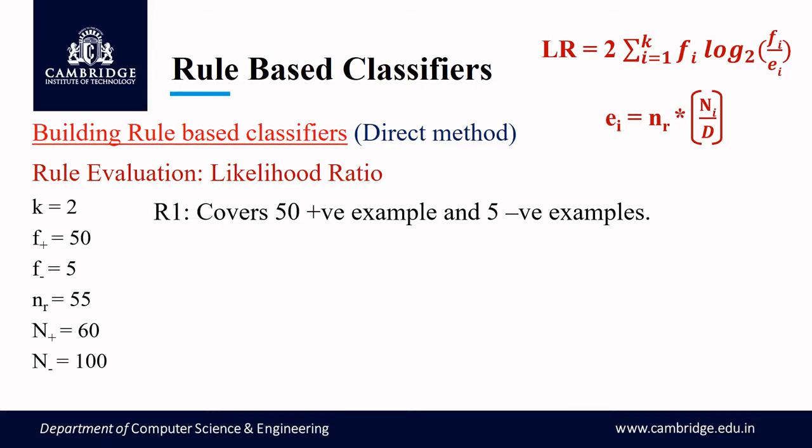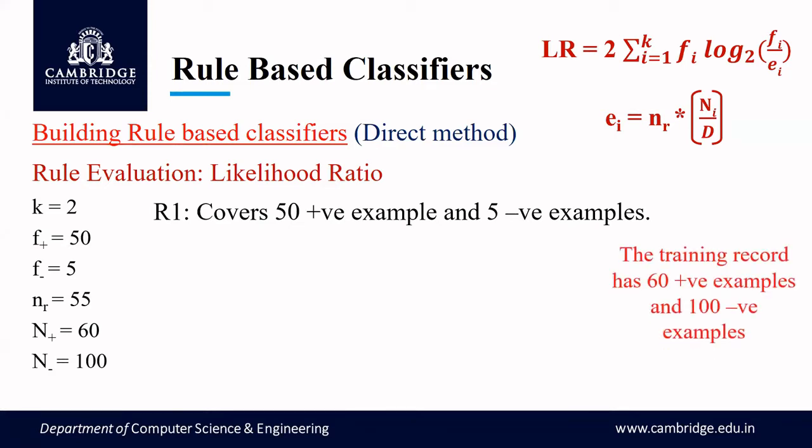And then d is 60 plus 100, so it is 160. I hope you have understood how these values have been found. Just see here again: consider a particular rule and identify all the terms that we require.